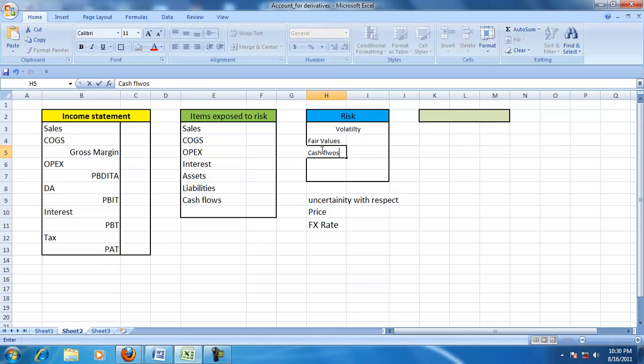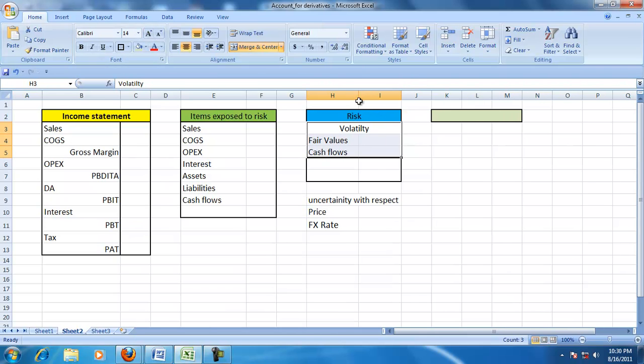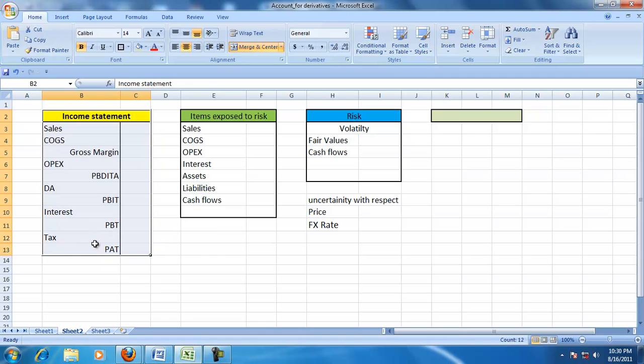The cash flows: you planned something to receive, but because of the price change or the foreign currency fluctuations, the cash flows fluctuate. Because of this volatility, these items are exposed to risk, and because these items are exposed to risk, the income statement is also exposed to risk.